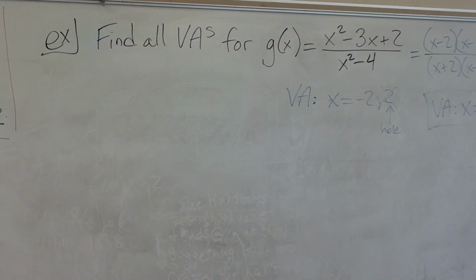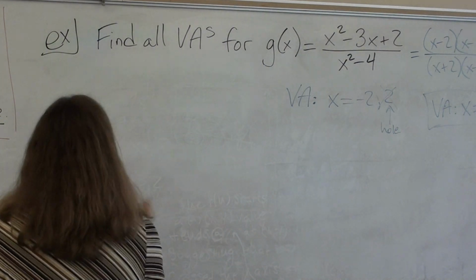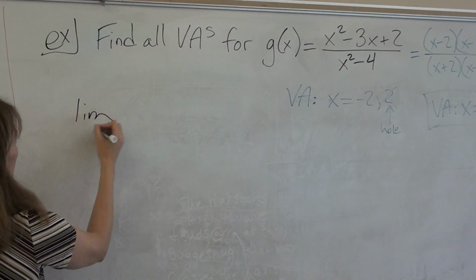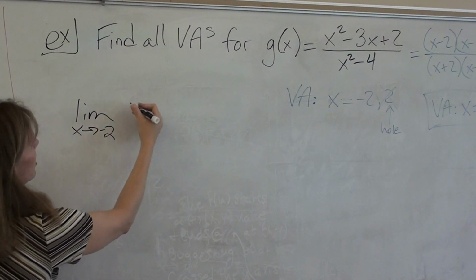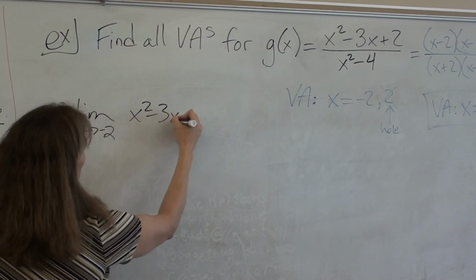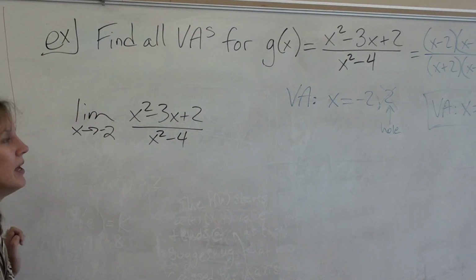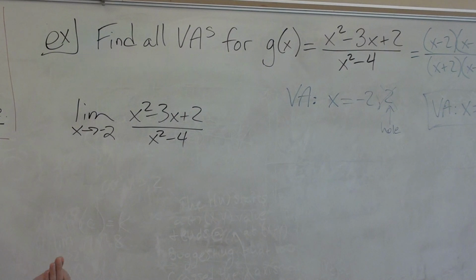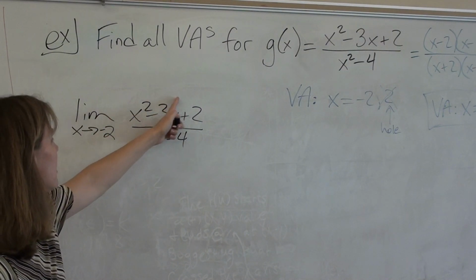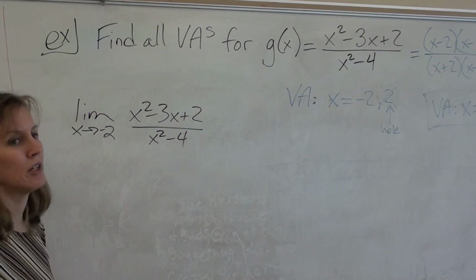Now we're going to learn how to prove it's a vertical asymptote by actually finding the limit as x approaches -2 for this function. So, when we find the limit as x approaches -2 for x squared minus 3x plus 2 over x squared minus 4, if we plug the -2 in, we get 4 plus 6 is 10 plus 2 is 12 over 0.